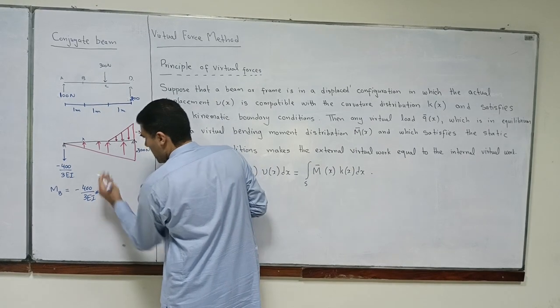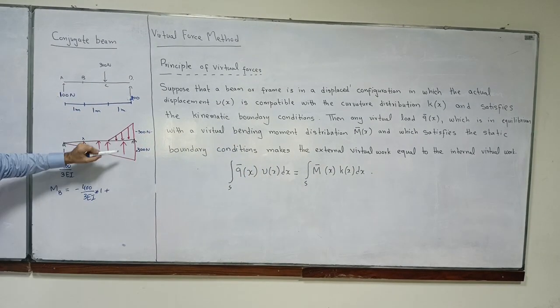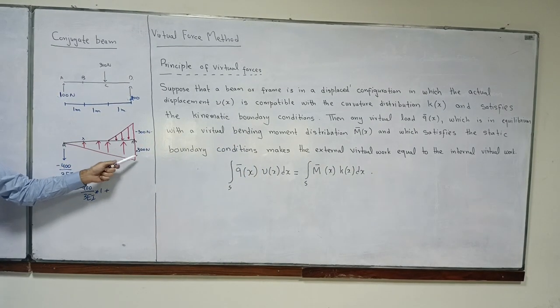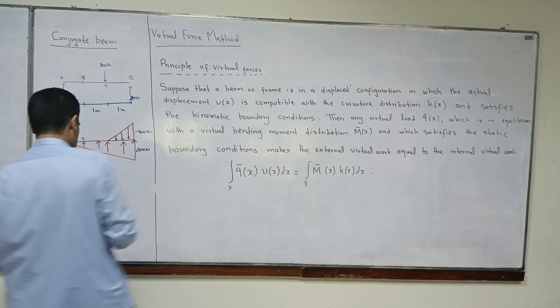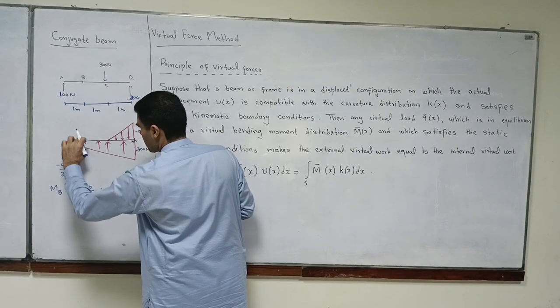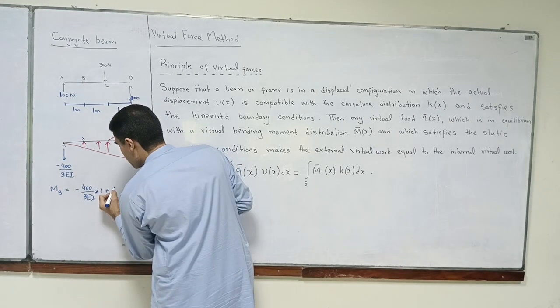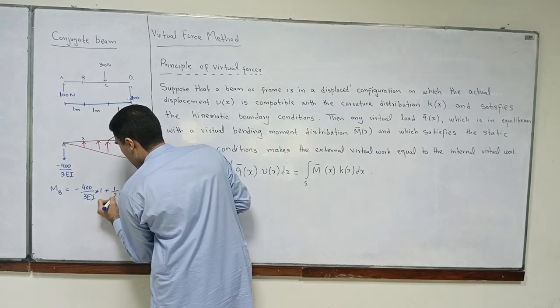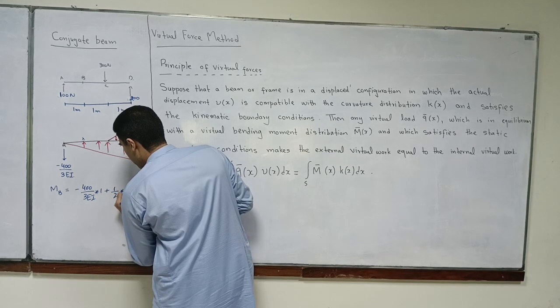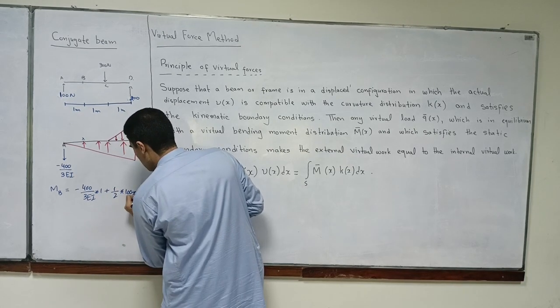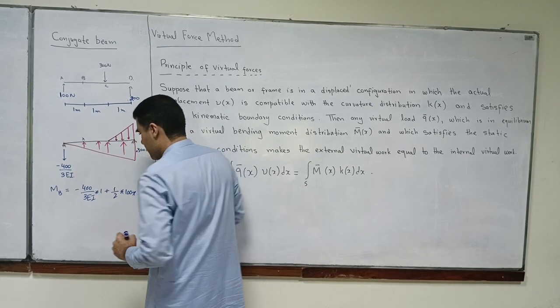Why plus? Because this is coming from the positive moment. And this was 100, based on similarity. So you take half into 100 into 1 by 3.